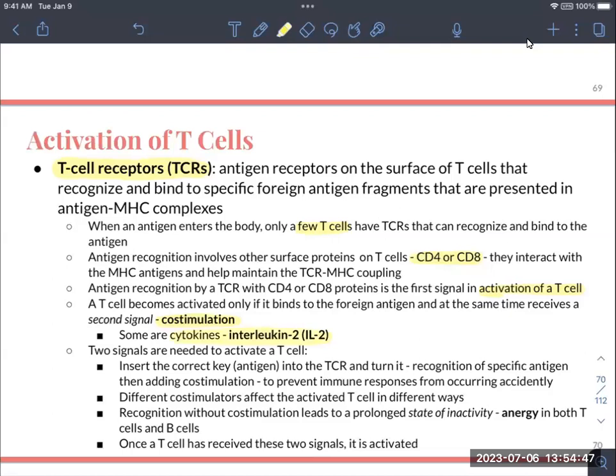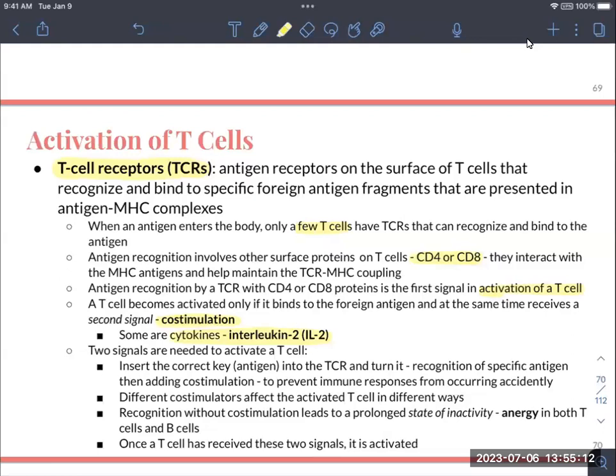So there's technically two different signals that are needed to activate this T cell. It's like inserting a key into a lock. A certain key will only open a certain lock. That is how these T cell receptors work. If it's not an exact fit, it's not going to activate that T cell.